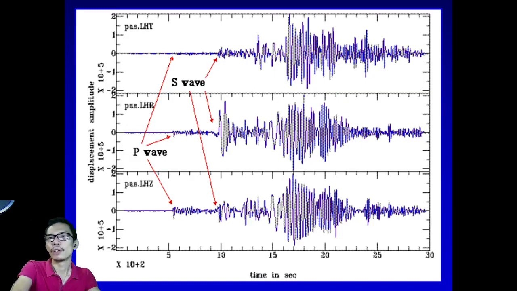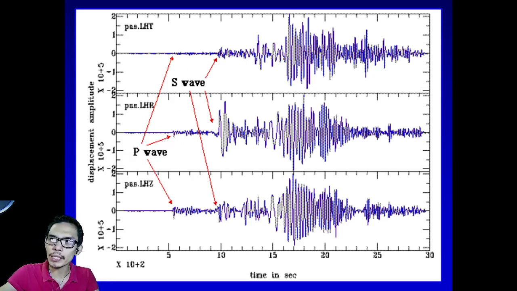Now we have right here a typical seismograph reading, and how do we read this one? Let's start first with the body waves. The body waves are the seismic waves that can travel inside the earth. There are two types of them: the P wave and the S wave. As I've said earlier, the P waves travel faster than the S wave.